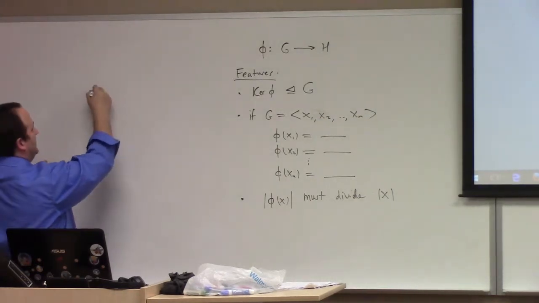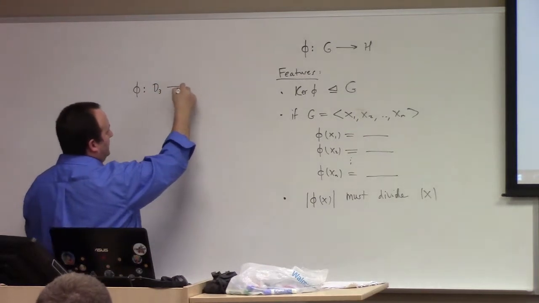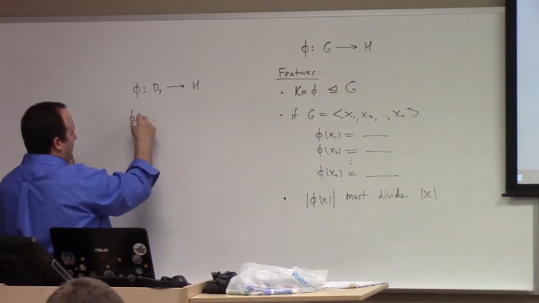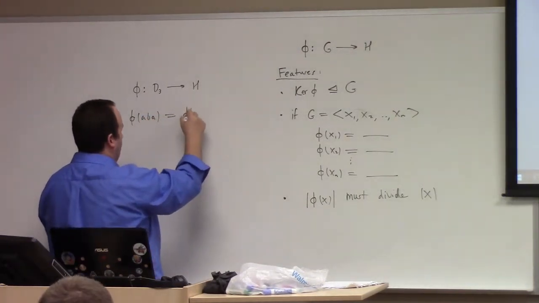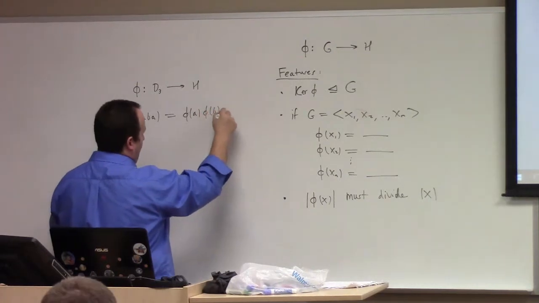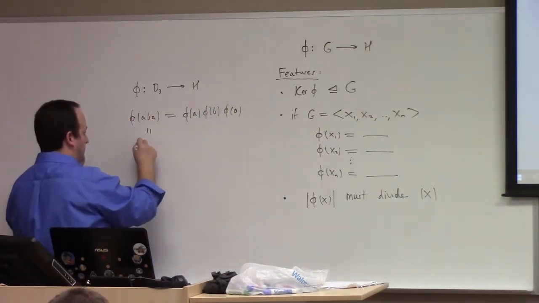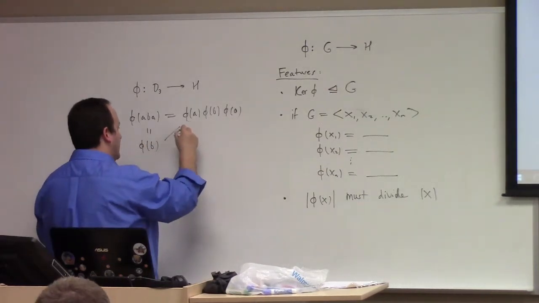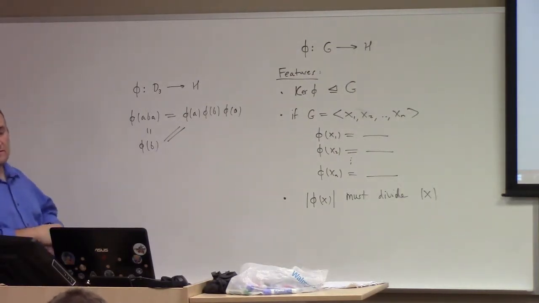Suppose you were looking for a homomorphism from, say, D3 to something. Then you would also need that phi of ABA is equal to phi of B. So all of a sudden you need these things to be equal. You have to respect relations under the image.